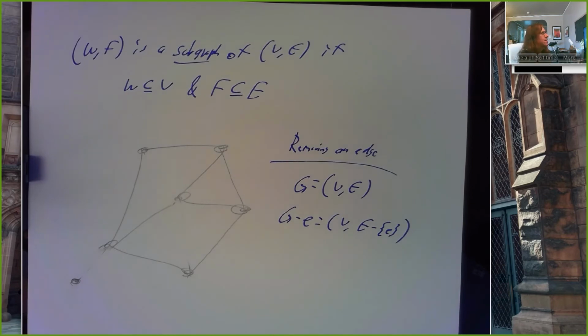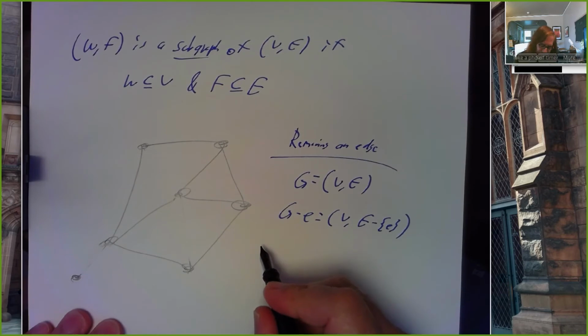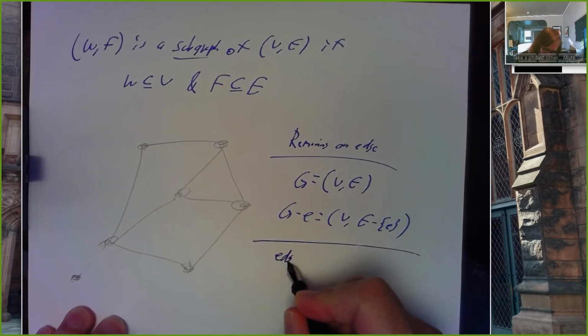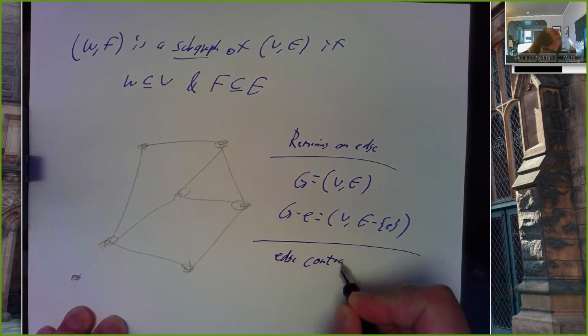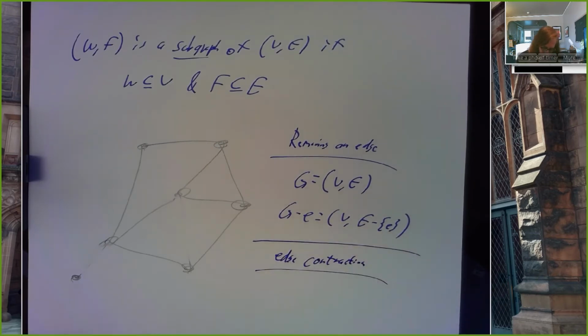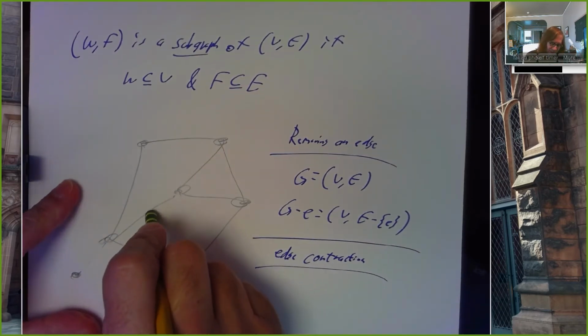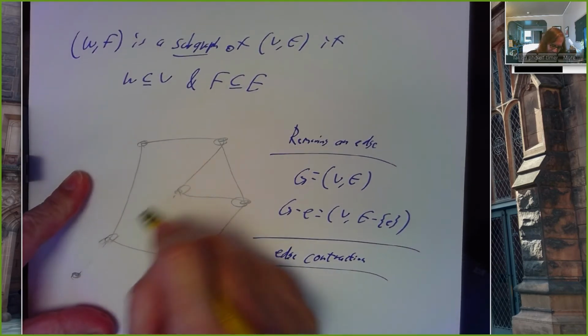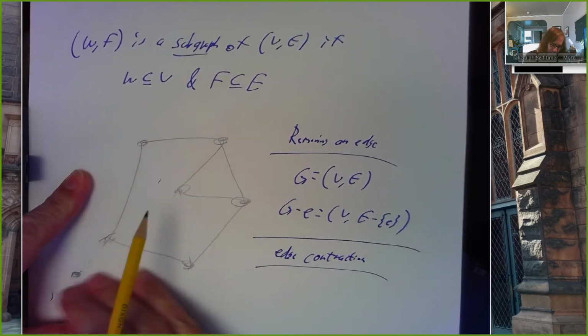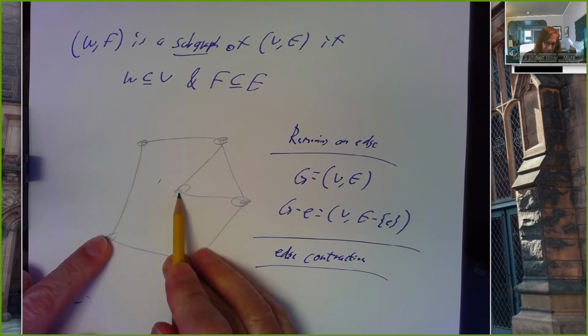So that's removing an edge. The other thing we can do is contract an edge. So to contract an edge, we remove the edge, but then we join its vertices. So if I were to remove this edge, I would take that edge out, but I would join these two vertices together.